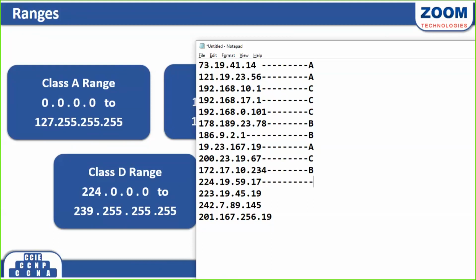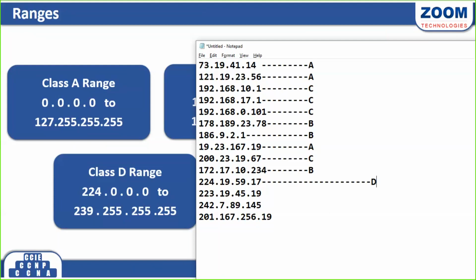224.19 is Class D. So for the IP address 224.19.59.17, can I use it to assign to a computer? No, you cannot, because this IP is reserved for multicasting.